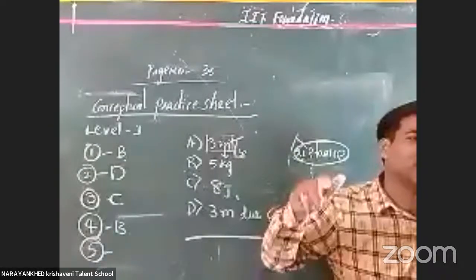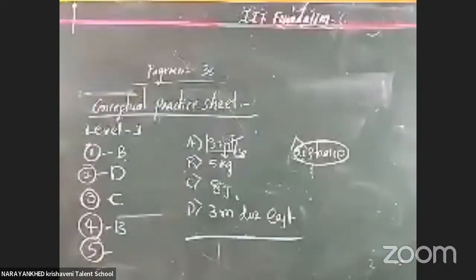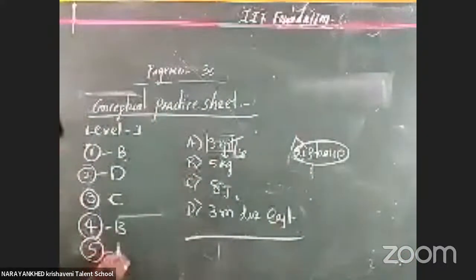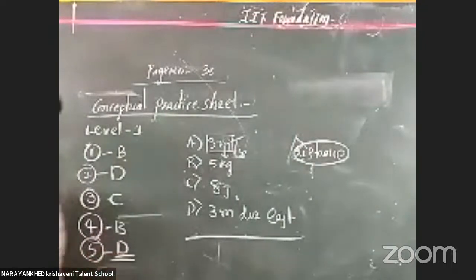It becomes displacement. That is only what is considered here. Answer is D. Fifth answer is D. Understood or not, all the students?